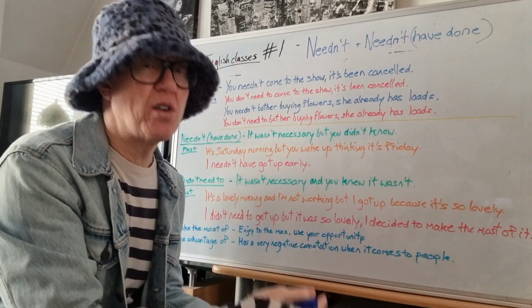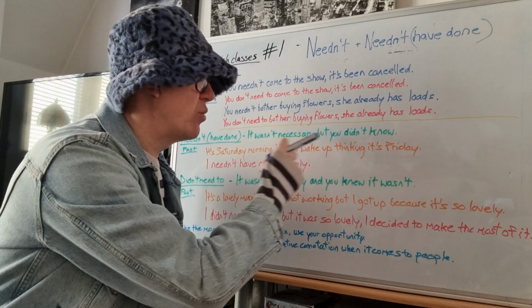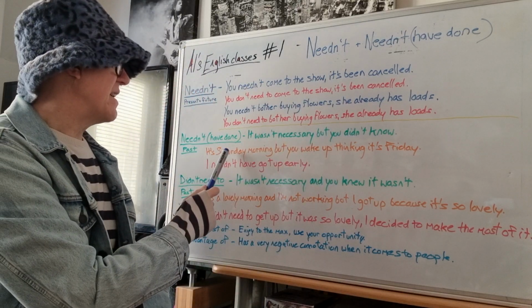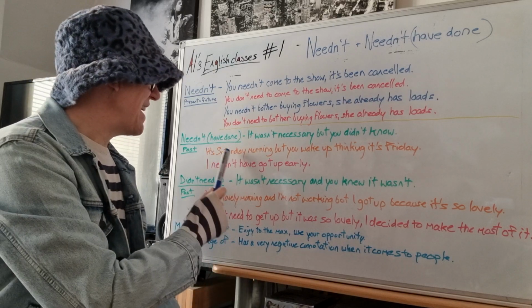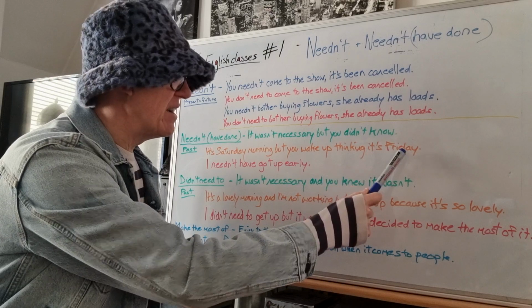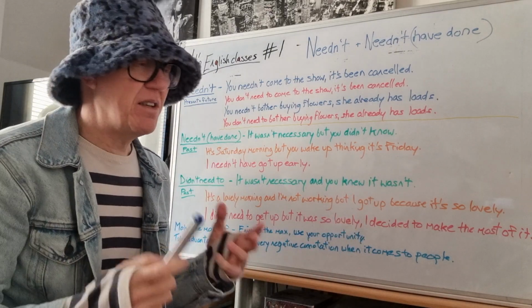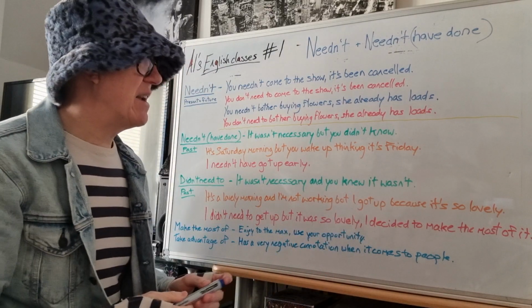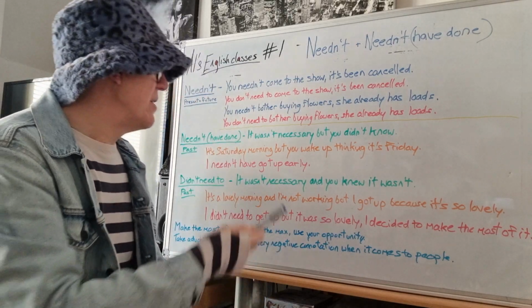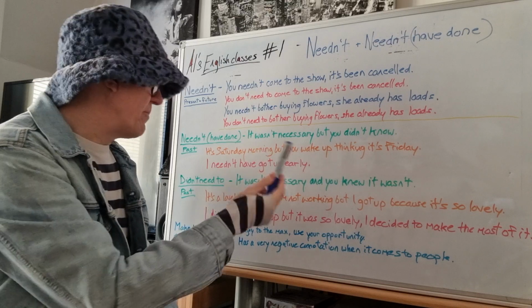You thought it was necessary, but it wasn't necessary. You didn't know. It's Saturday morning, but you wake up thinking it's Friday. Okay, so you work from Monday to Friday, and you wake up and you think it's Friday, so you oh no. But it's Saturday morning.